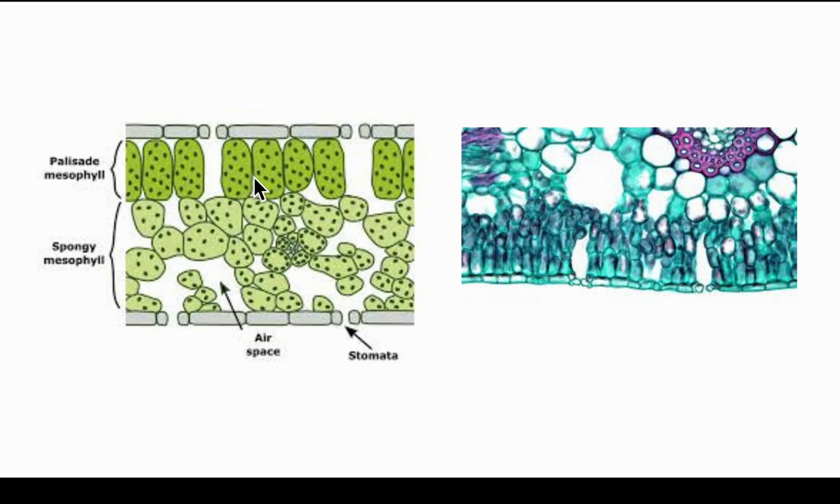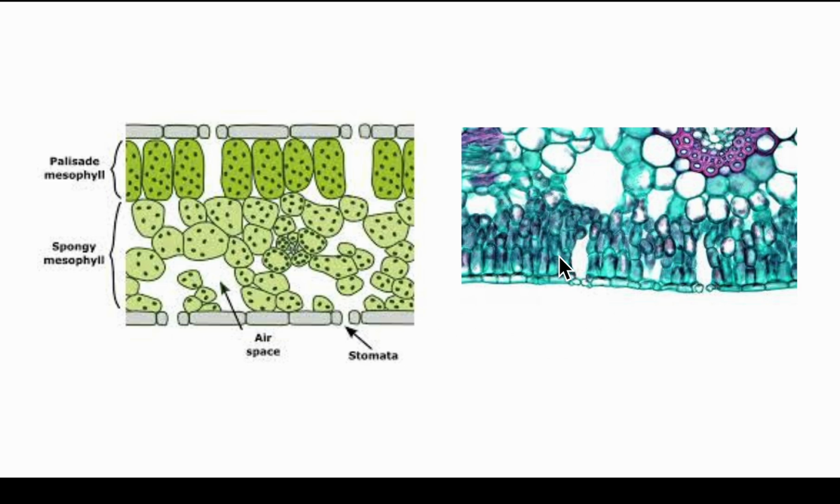This right here is a cross section of a leaf. So imagine we sliced it and then we looked at the edge to see what it looks like. This would be the top of the leaf, and this is the bottom of the leaf. And we can see that there are stomata, which are holes at the bottom of the leaf, or sometimes we use the word pore, and then that allows the gases to come in, and so we have these air spaces where the gases come into the plant.